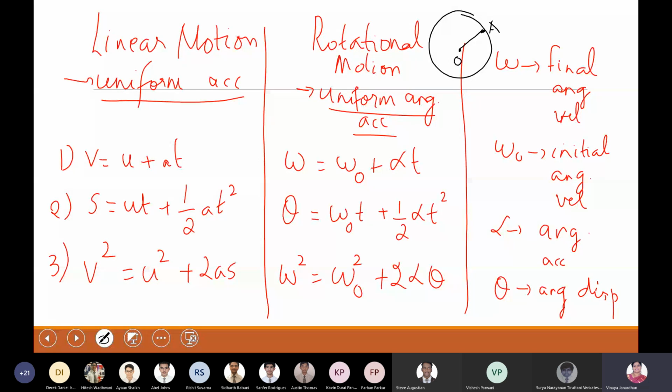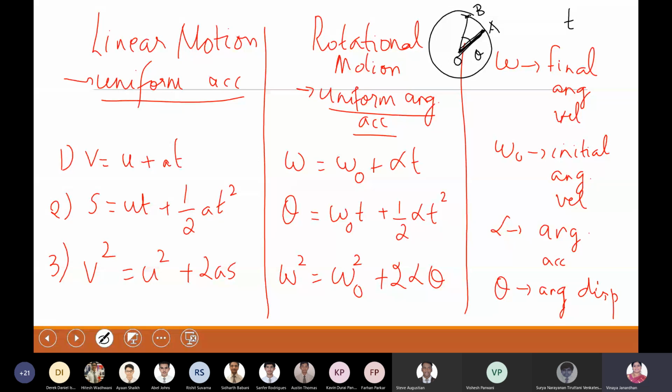Initially, consider the stone is at point A. After some time, you are whirling it, let it be in a vertical circle or a horizontal circle, your stone is going to reach the point B. When the body starts from point A and reaches point B, it would have swept an angle. OA is your radius vector. The radius vector sweeps an angle theta in a time of t seconds.